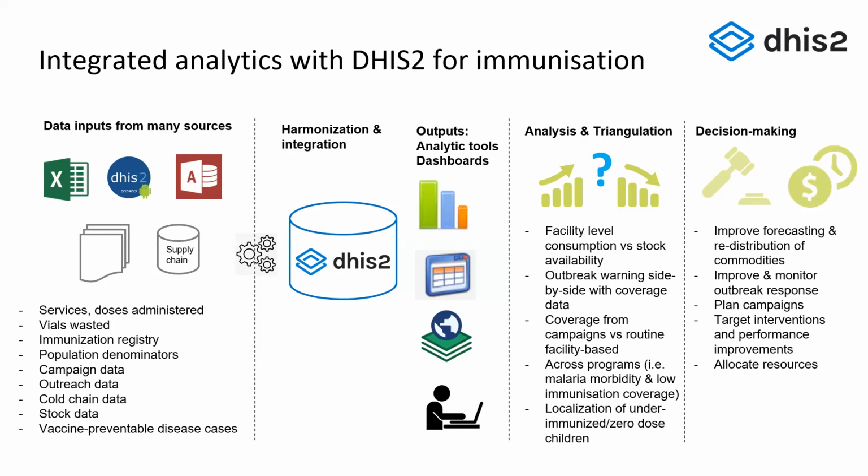You have all these sources of data integrated into one space, and you can use these tools to give more informative analysis in an integrated manner. So you can triangulate different levels of data and monitor the different reasons why there is a rise or a very high dropout rate.